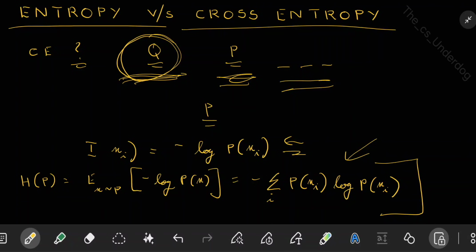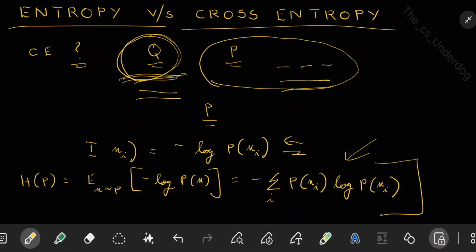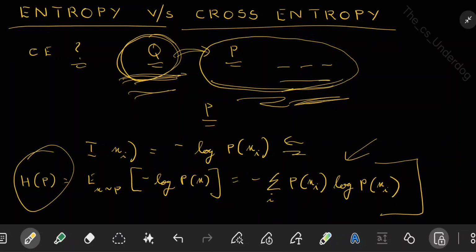Then when will cross entropy become lesser? Cross entropy will come closer and closer to entropy whenever your Q is almost the same as P. Because what are you doing? You want to encode the events that are there in P. But for some reason, you are not using the code for P, but instead you are using the code for another distribution Q. So when Q is very similar to P, the average number of bits required to encode will be the same as what would have happened if you used the code for P. If you use the code for P itself, that is just entropy.